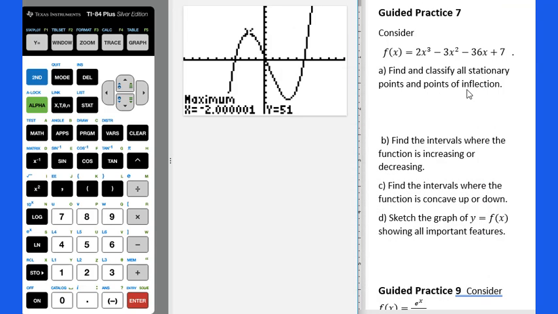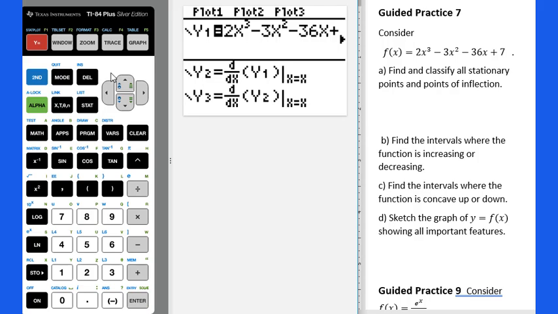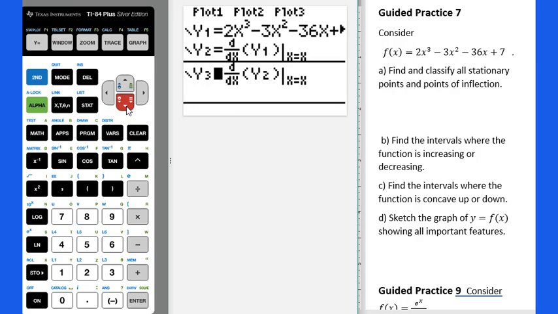For the points of inflection, you could see we only have one inflection point, very close over here. We need to get the y2 equals 0. Therefore, go to y equals. This time, I will highlight this second derivative here.